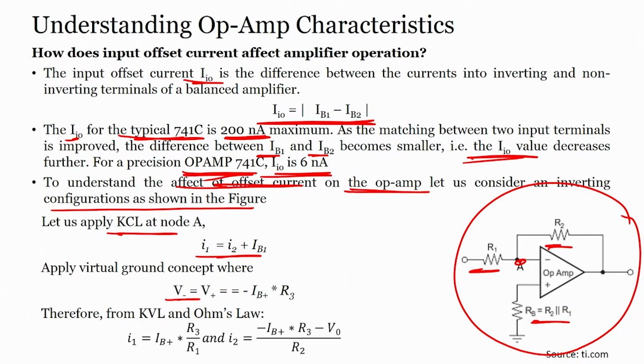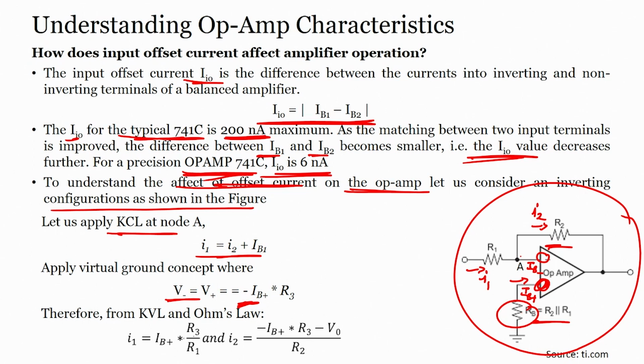Applying virtual ground, V minus equals V plus, which equals minus IB plus into R3.